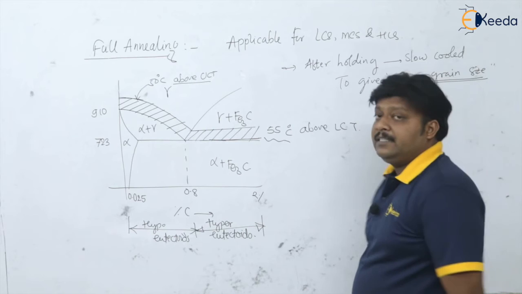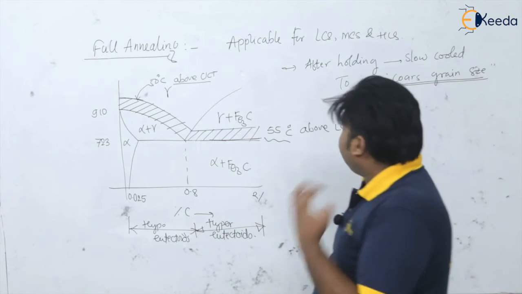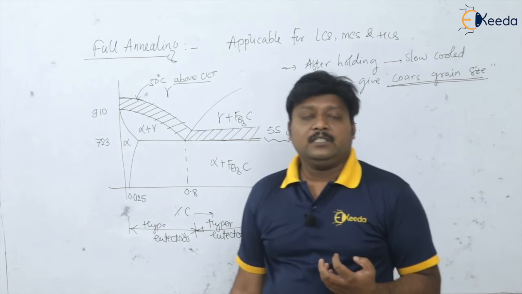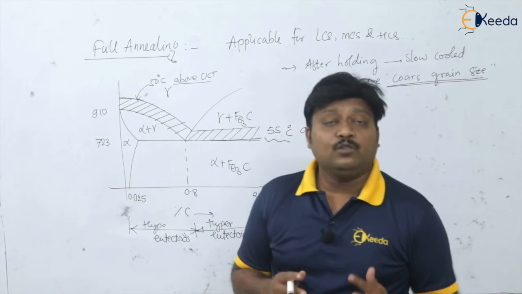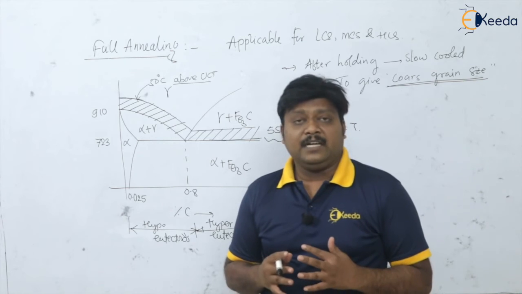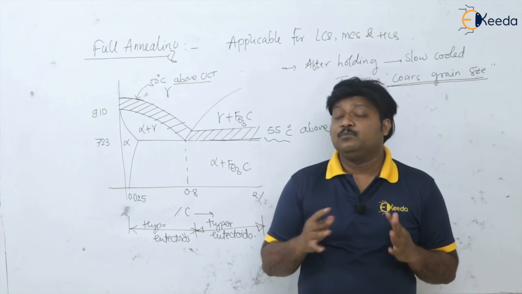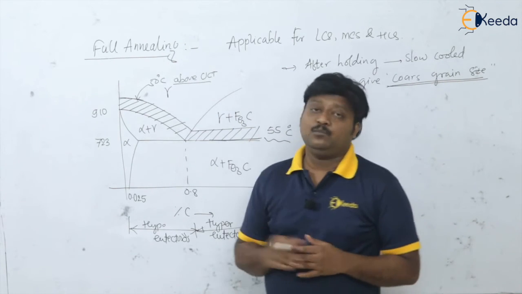So please remember, in the full annealing process, the structure that we are getting is the coarser grain structure, and because of that the ductility is improved well.